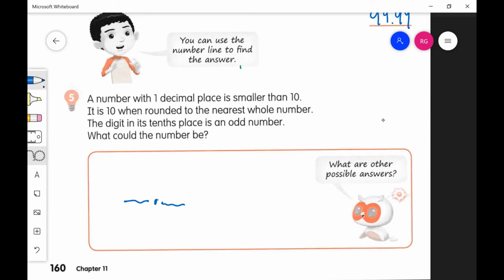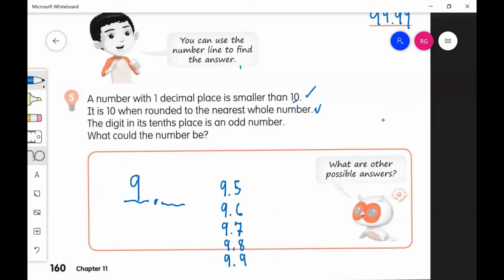It's smaller than 10, so it's got to be like 9, right? It is 10 when rounded to the nearest whole number, so it must be a 9 over here. Okay, so that checks out. My options would be 9.5, 9.6, 9.7, 9.8 and 9.9, right?